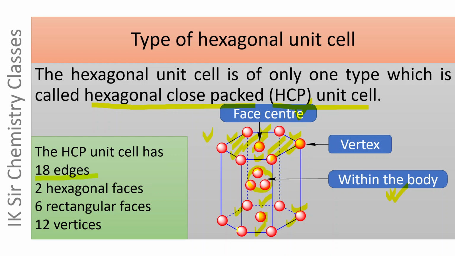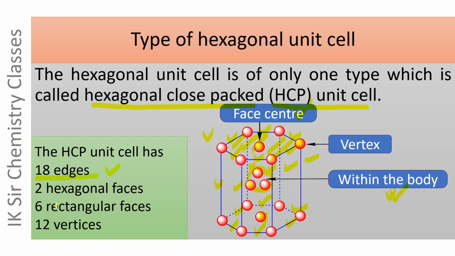There are overall 12 edges, and 6 edges in the vertical position, 1, 2, 3, 4, 5 and 6, and therefore the HCP unit cell contains overall 18 edges.